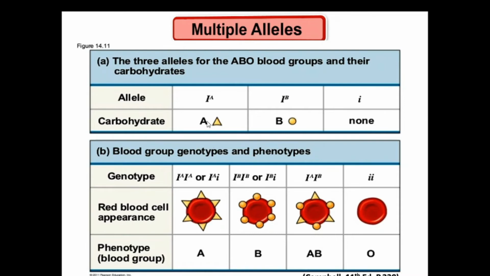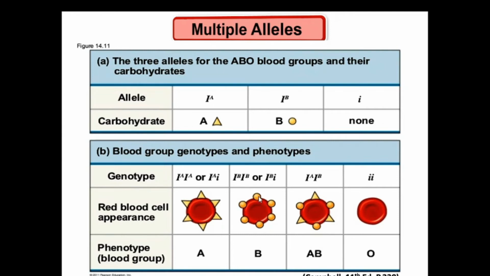If we represent the carbohydrate for A with a triangle, the triangular carbohydrates can be found surrounding the red blood cell of the phenotype blood group A. For blood group B, if we represent the carbohydrate for B as a circle, those with the genotype IBIB or IBIO will have circle carbohydrates surrounding the red blood cell.